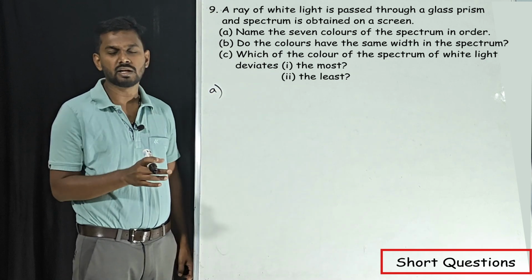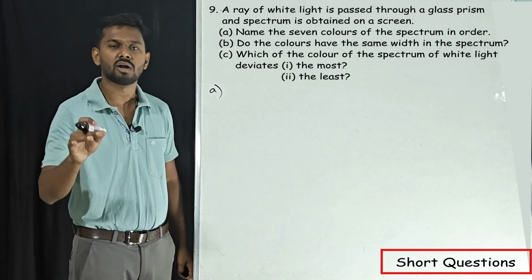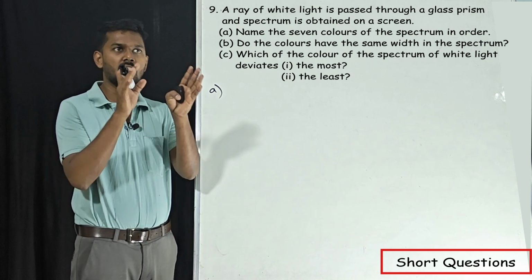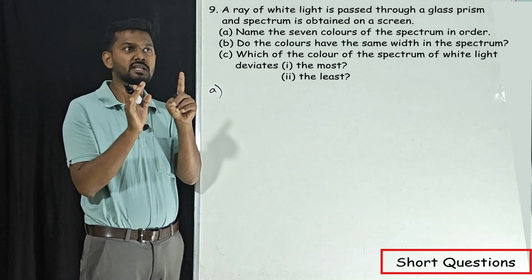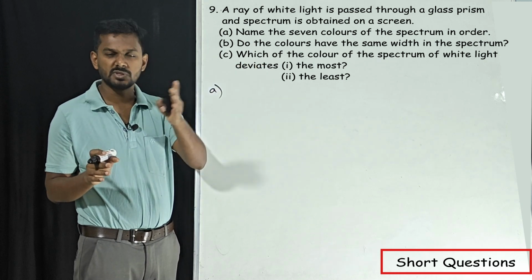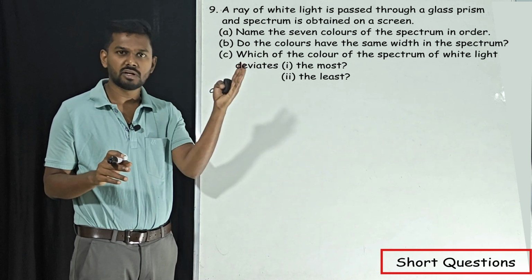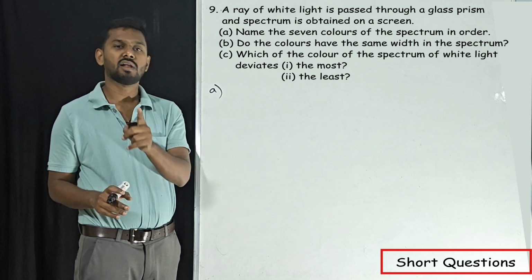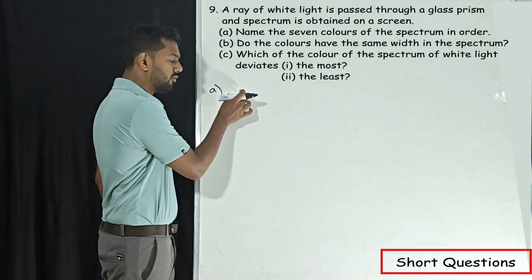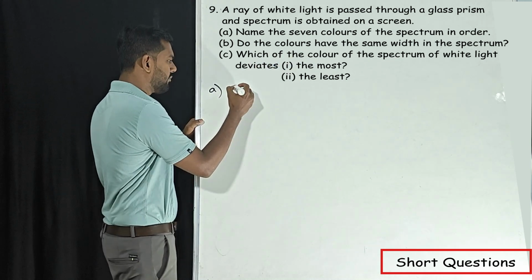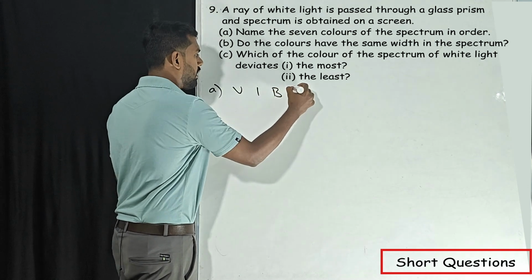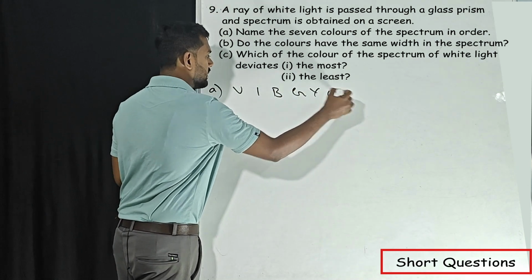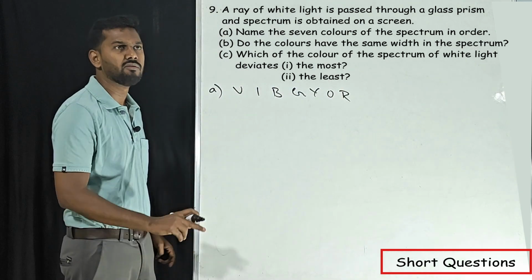We know what order they are talking about: increasing order of wavelength. If they do not specify increasing or decreasing order of wavelength, always go for increasing order of wavelength. So violet to red. Like this you have to write in increasing order of their wavelength.